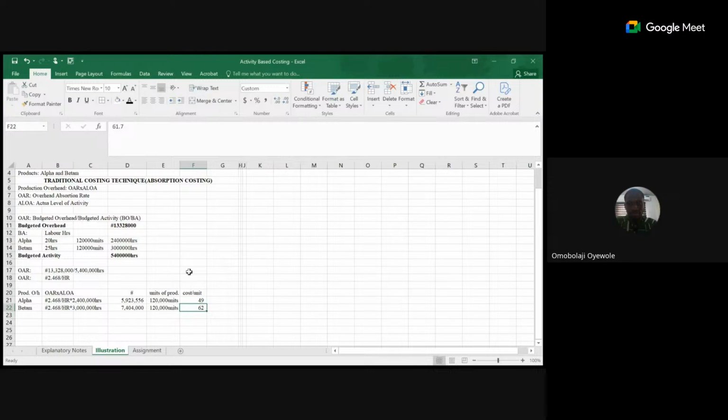So we can see that now. This is based on the traditional costing technique, right? So let's look at it for 1 minute before we move.